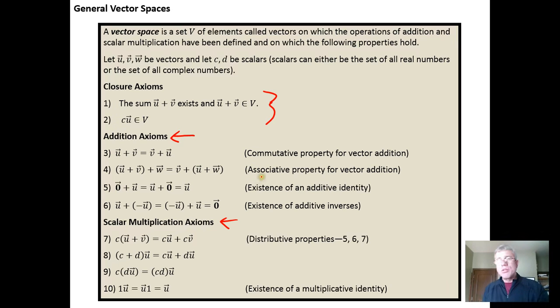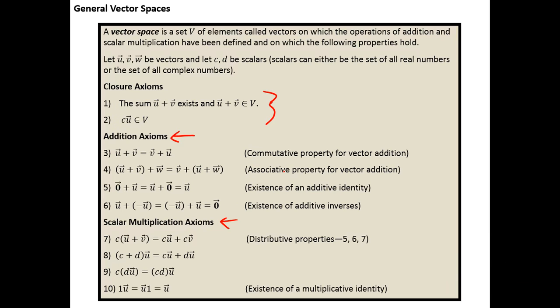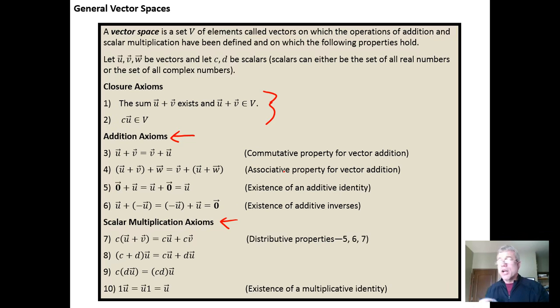So what we're going to do is, in the next set of videos, we're going to say, look, it isn't just vectors in Rn that can be vector spaces. Any set of objects, for example, 2 by 2 matrices, second degree polynomials, functions, any set of objects for which you can define addition and scalar multiplication.